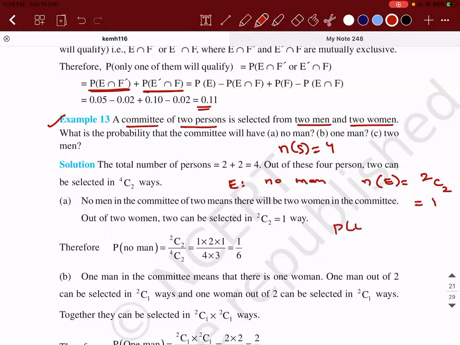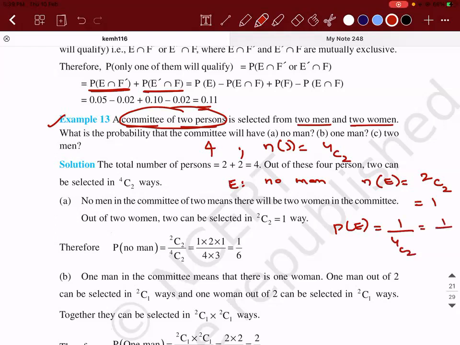So what is the probability of no man to occur? 1 divided by, sorry, I made a mistake. Total number of people is 4, but what is the number of elements in the sample space? Out of the 4 available people, your job is to form a committee of 2 people. So 4C2. So the probability of E is 2C2 out of 4C2.